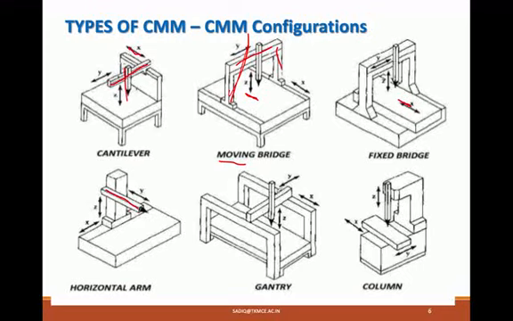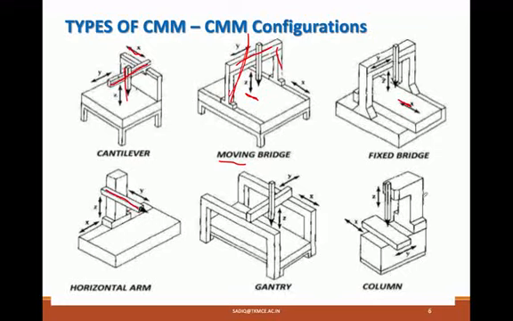This kind of CMM can be huge, more than the size of a common room that we see in classrooms. You can keep the workpieces on this bench or work table. Workpieces can be of the size of a car, or a lorry, or some huge assembled products, etc. So that is the gantry, overhead kind of CMM.